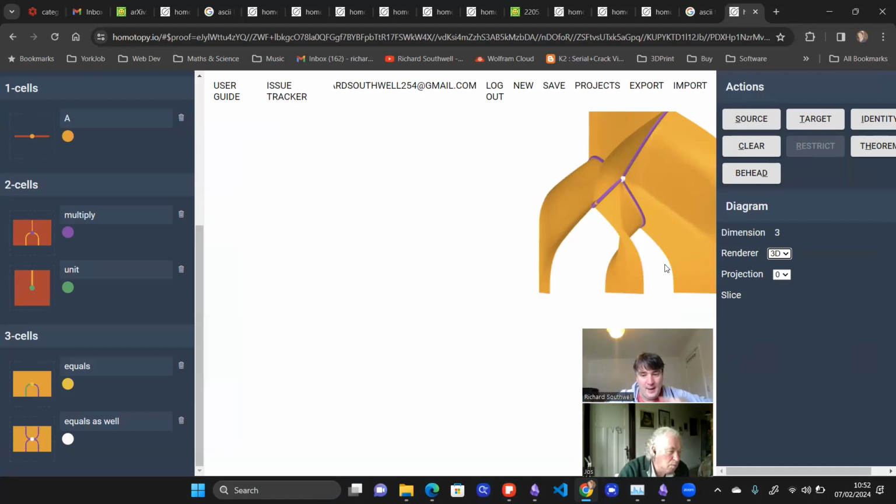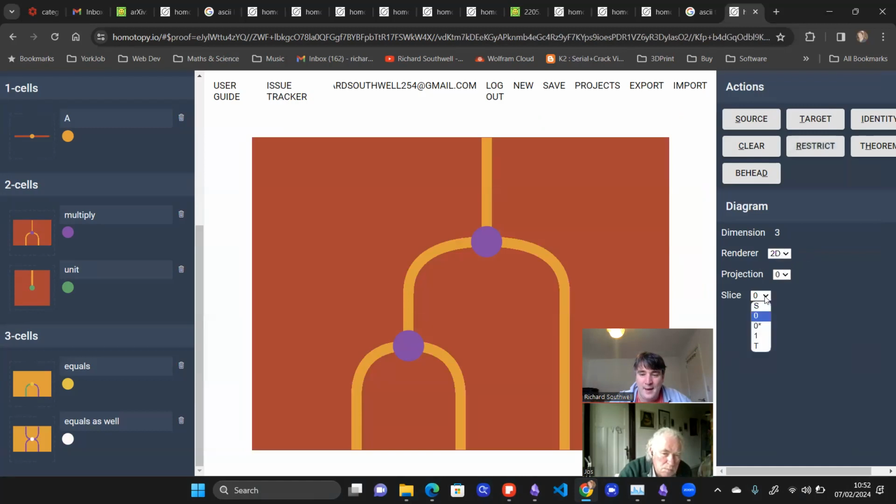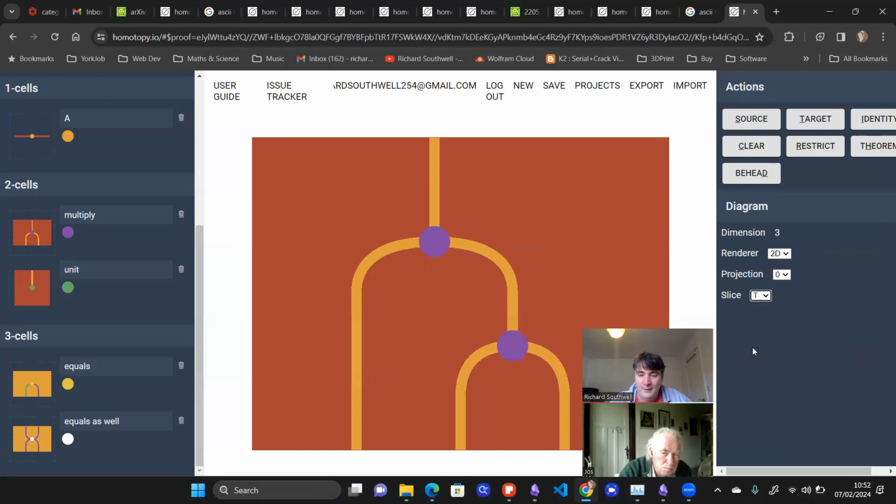And this is saying it doesn't matter which way around we do it. So if we look at it in 2D, the first slice is this, the front slice, and the back slice is this, and we're saying now that these two things should be equal.